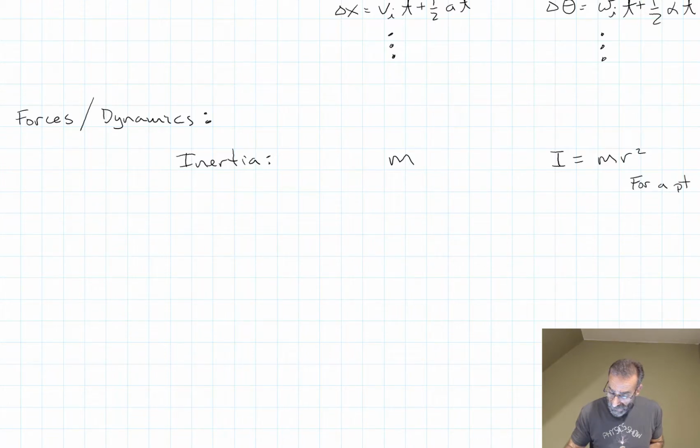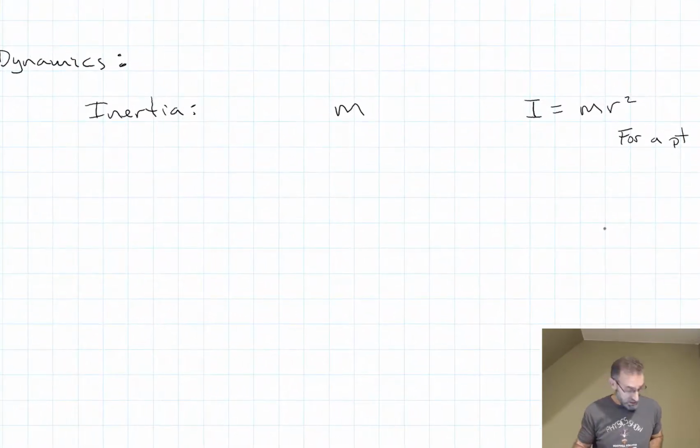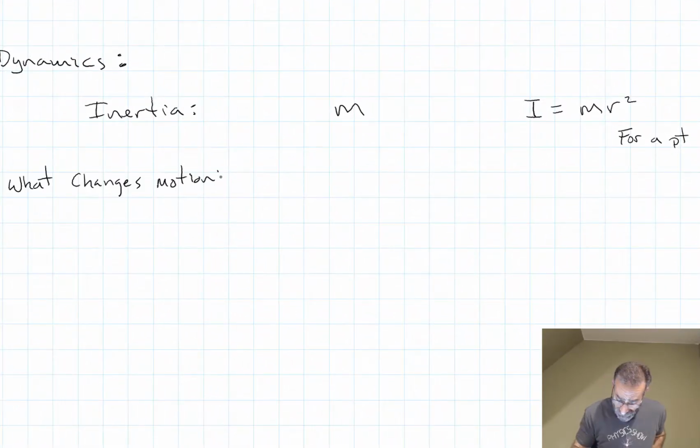It gets a little more complicated for solid objects in different shapes, but for a point object, this is what it is. Then we ask ourselves, what changes the motion of an object? What does it take to get something to move if it's not moving? What does it take to stop something if it is moving?